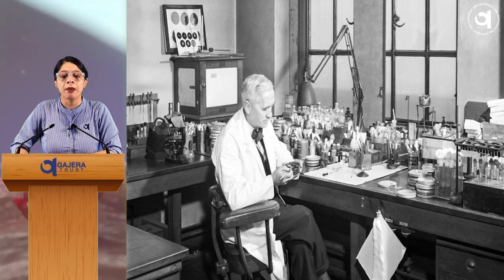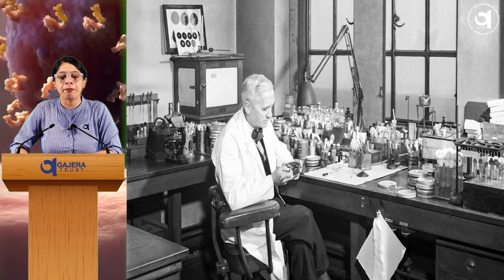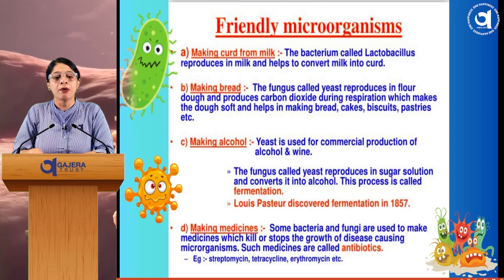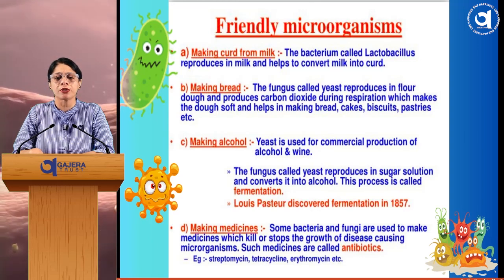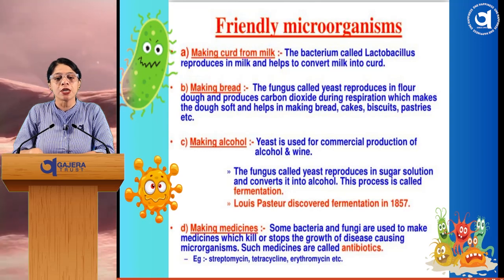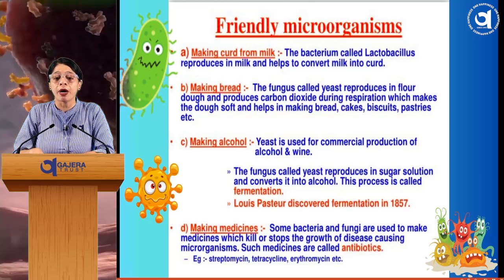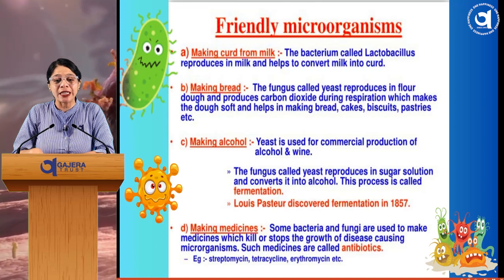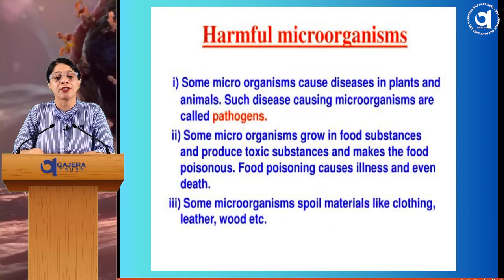From this mold, penicillin was prepared. Some bacteria and fungi are used to make medicines which kill or stop the growth of disease-causing microorganisms. Such medicines are called antibiotics. For example, streptomycin, tetracycline, erythromycin, etc.